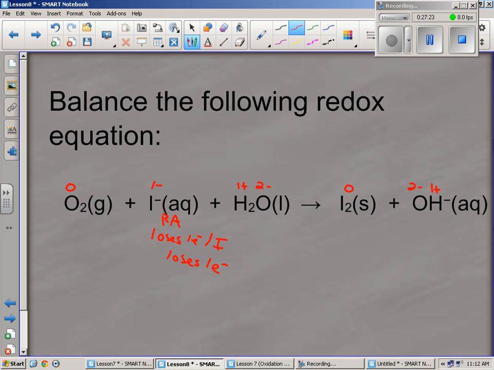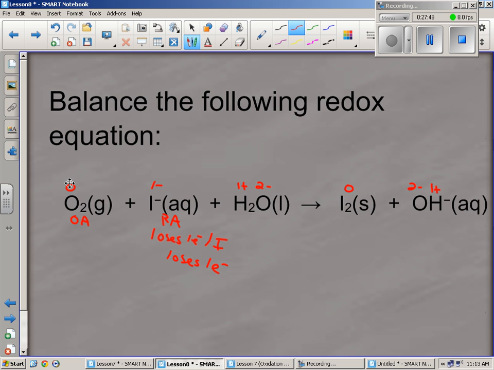This, though, yes, this one, you might say, well, which one do I use? Well, which one goes up or down? Because obviously, if I'm losing electrons, something's got to gain them. It's obviously not this one. It's this one. So this is my OA here, obviously, because it's going from a 0 to a 2 minus. It's going down. It's being reduced.